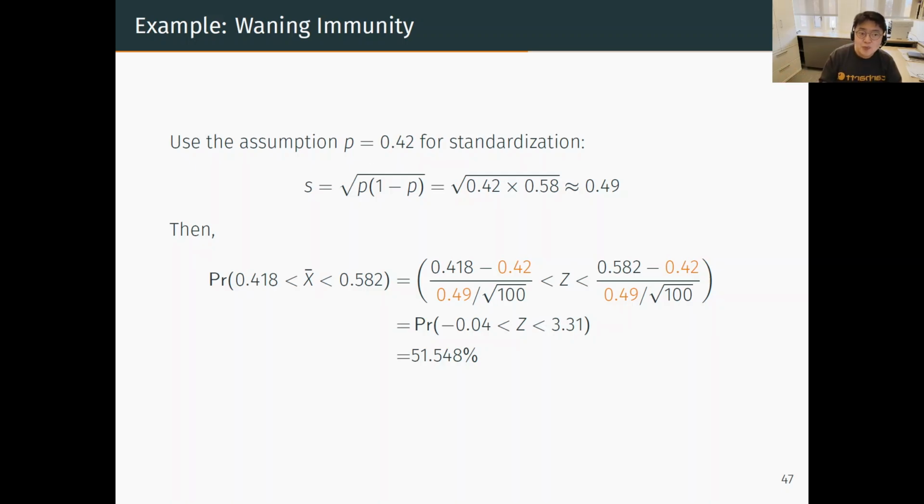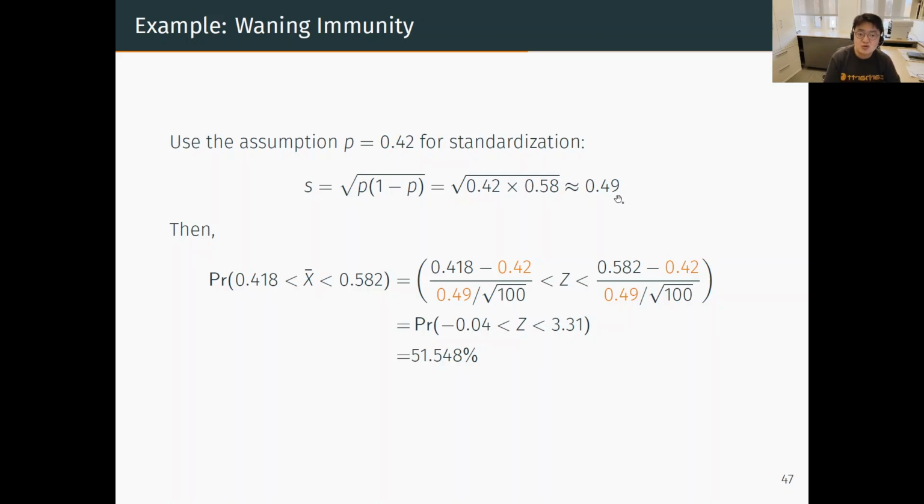But now we are assuming that the null hypothesis is wrong, and actually there is another truth. The actual truth is 42%. So your standard deviation must follow the new truth. Approximately, it is 0.49. So we are going to use 0.49 as the new standard deviation.